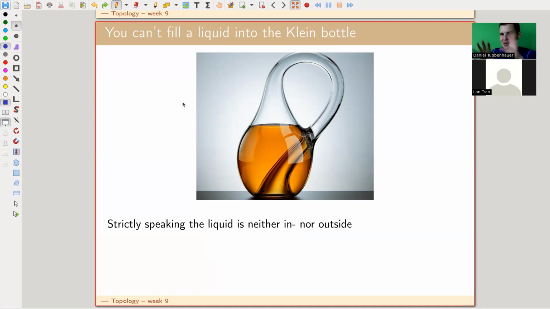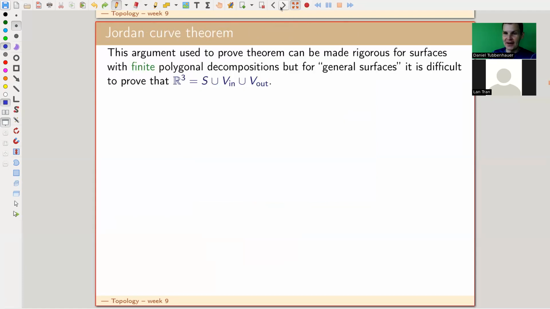It just stays there because the shape of the surface is a little bit wild. So strictly speaking, you can have an object, and it's not that expensive. If you want it, you could buy it on Amazon. You can fill water inside, and it's still not inside. It's very strange. Anyway, you can't do that actually, but in practice you actually can. Just a fun fact.